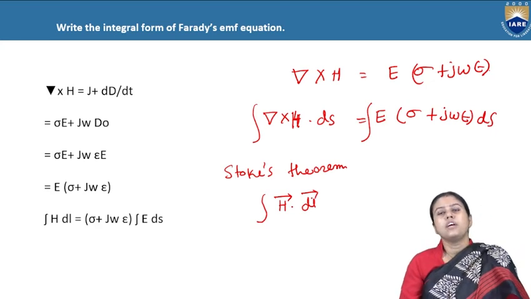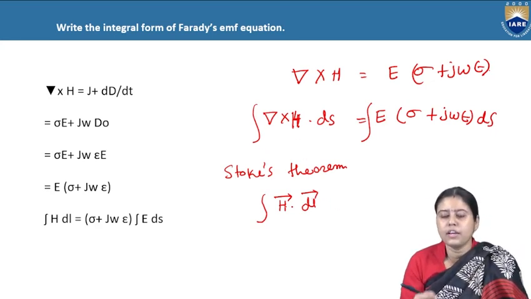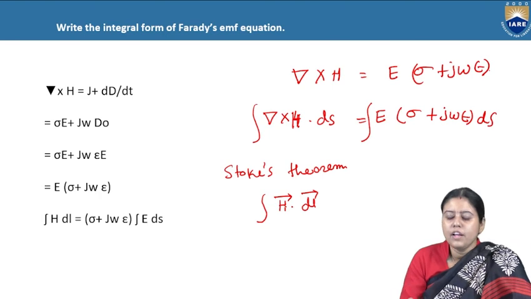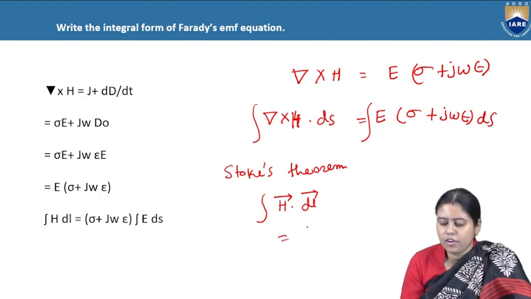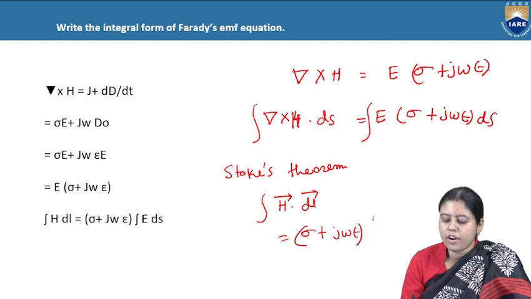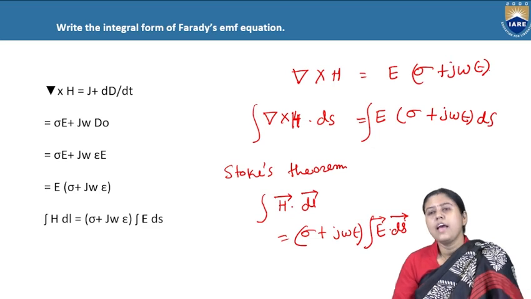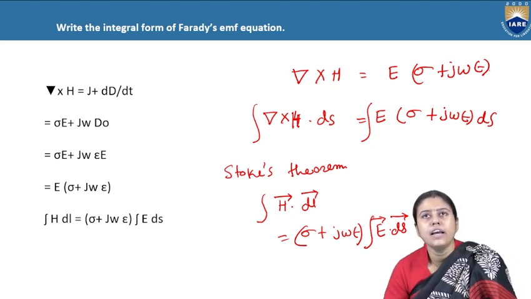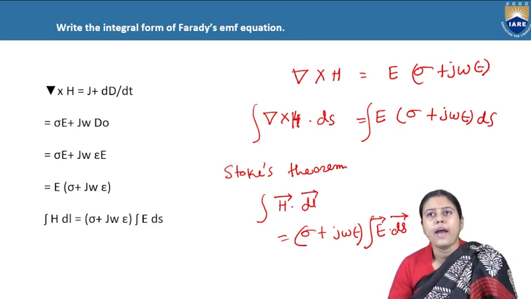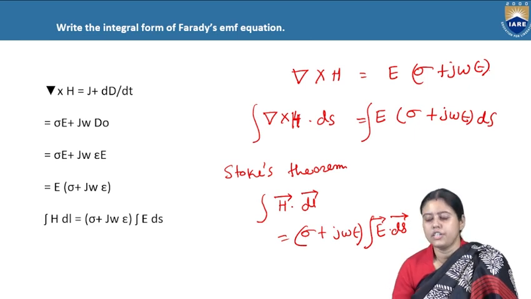We are just changing one level. So H dot dl is equal to (sigma plus j omega epsilon), all constant, times E dot ds, and this is known as the integral form of Faraday's EMF equation.